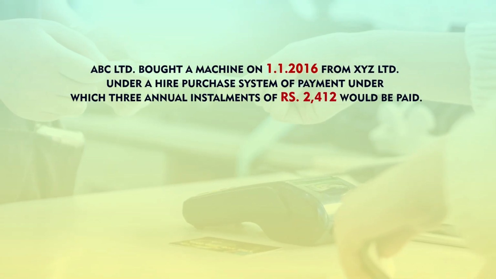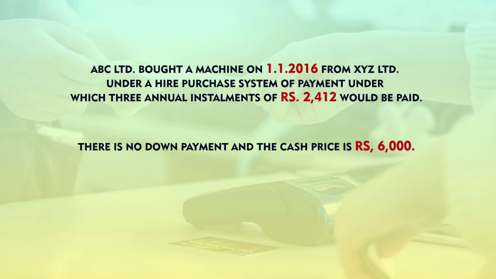So, here is a question. ABC Limited bought a machine on 1st January 2016 from XYZ Limited under a hire purchase system of payment, under which 3 annual installments of rupees 2412 would be paid.